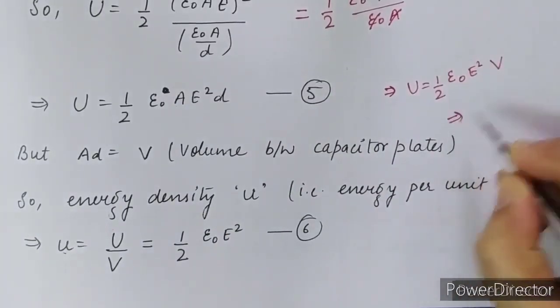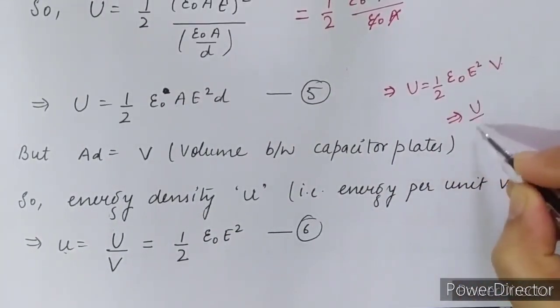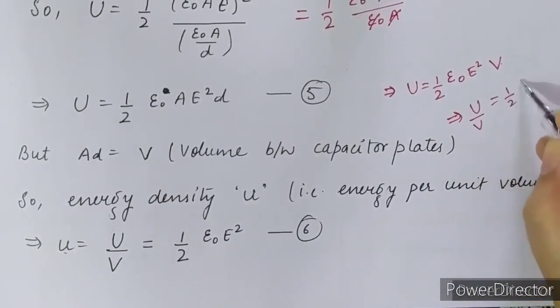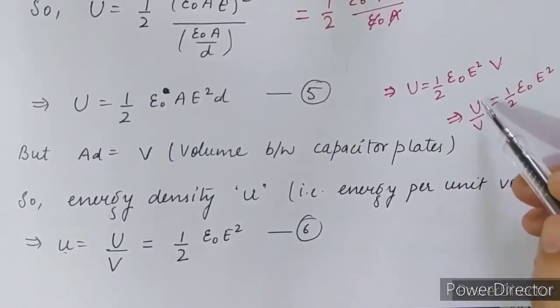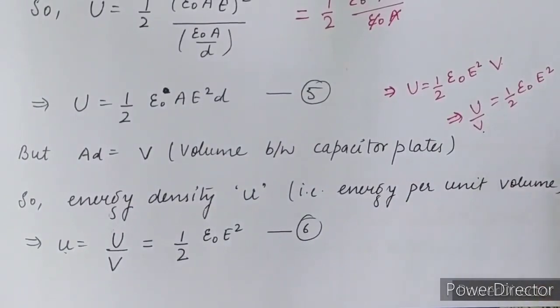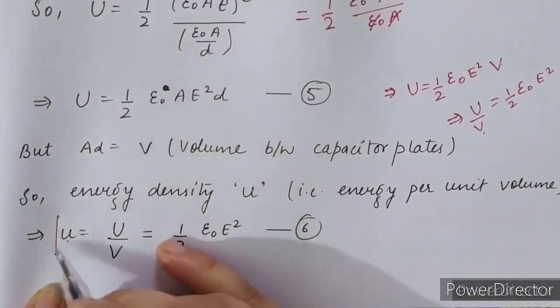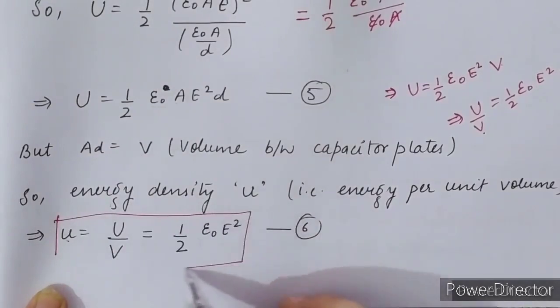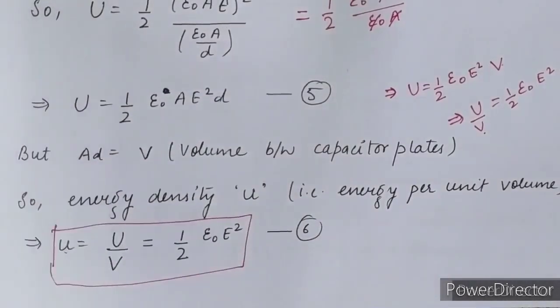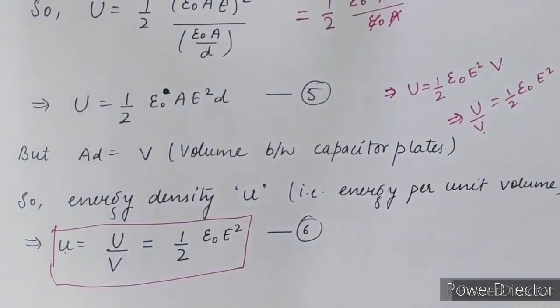U upon volume, energy per unit volume, is your energy density. So u is equal to U upon V is equal to half epsilon naught E square. This is the value of the energy density when an electric field is there between the plates of the capacitor.